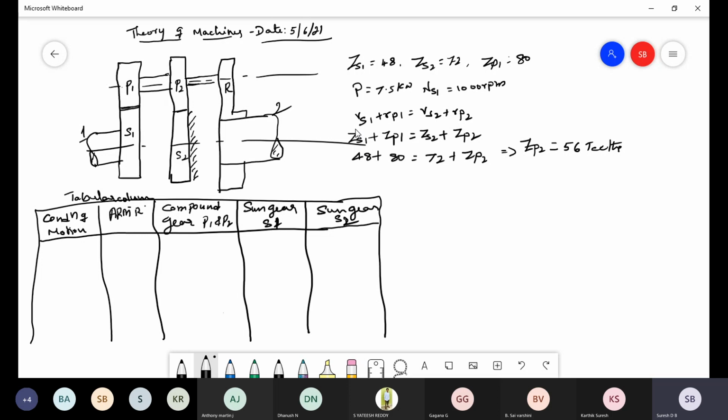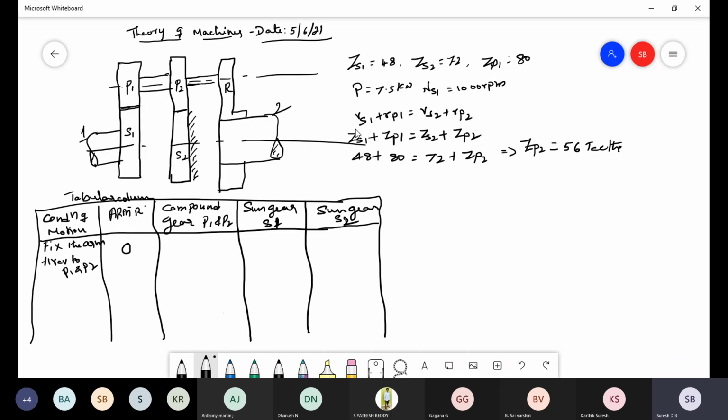First condition: fix the arm and give plus one revolution to the compound gear P1 and P2. Once you fix the arm, what is the speed? 0, sir. The speed of the arm is 0.